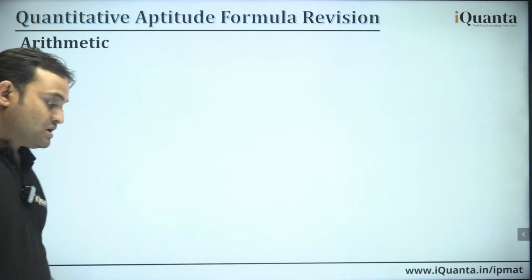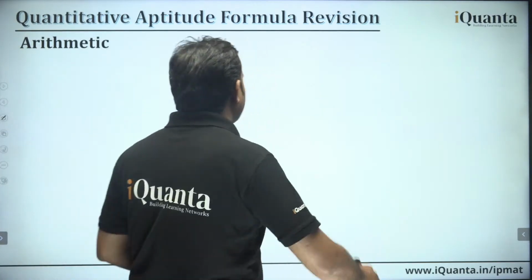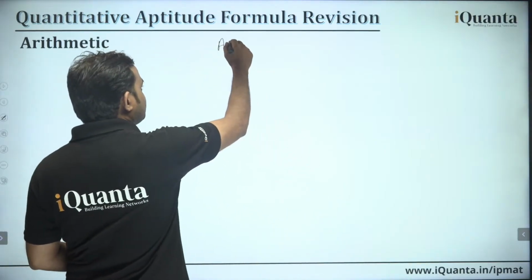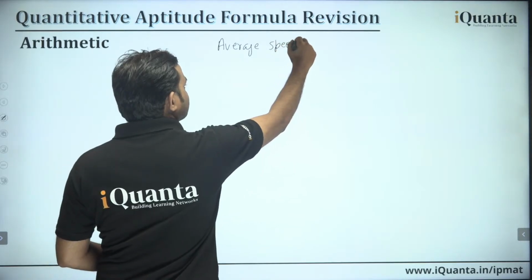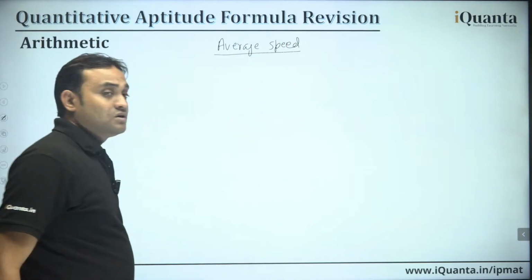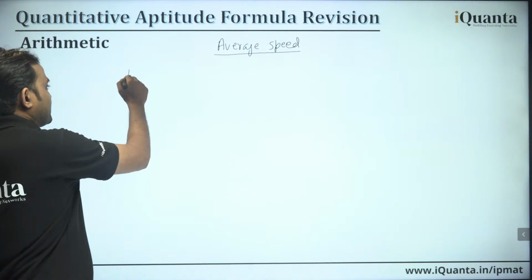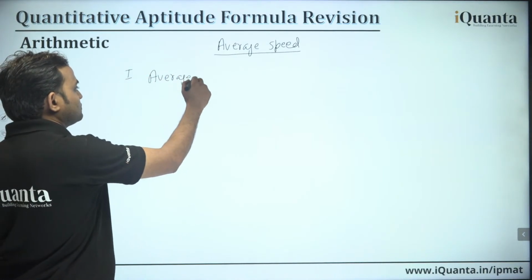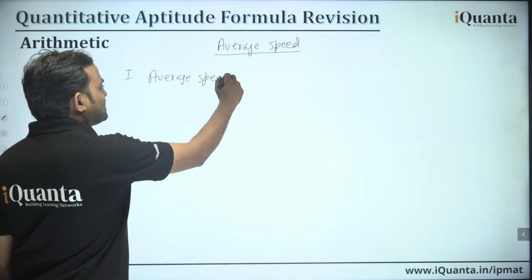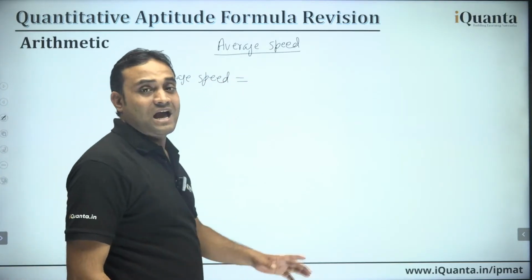Now, after this, we talk about average speed. In case of average speed, what do we say? Average speed is equal to... this is not like the other averages, that it's an average of speeds.